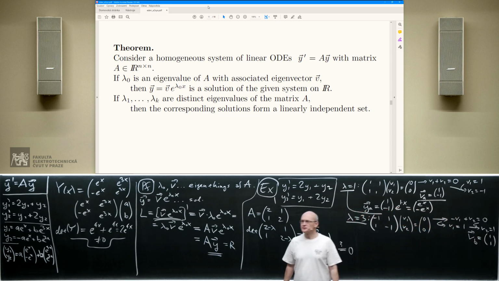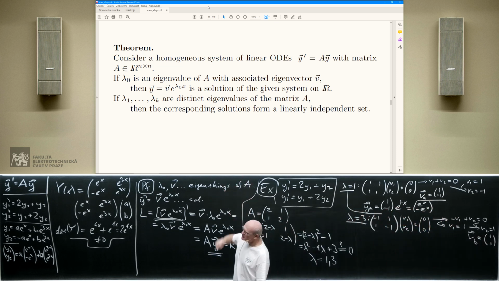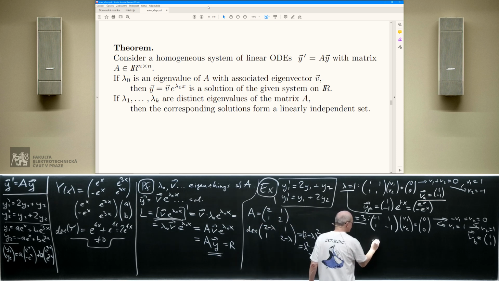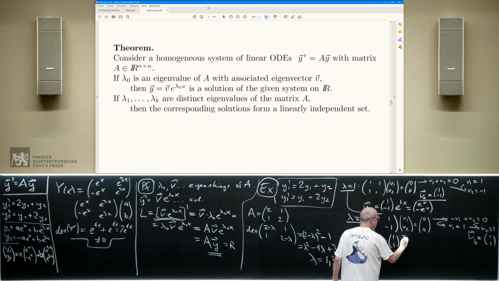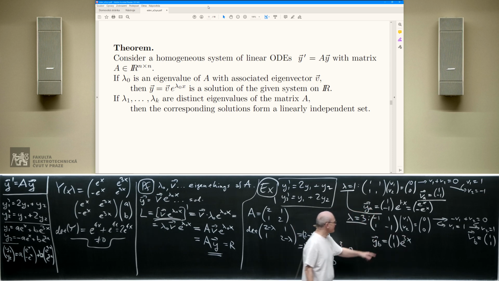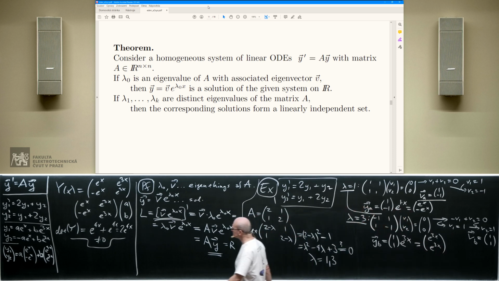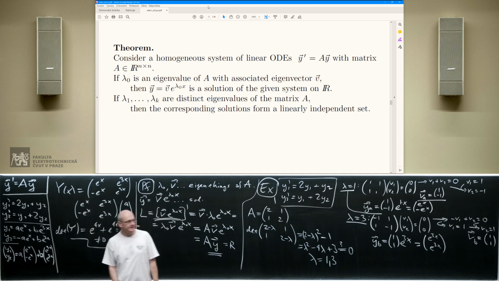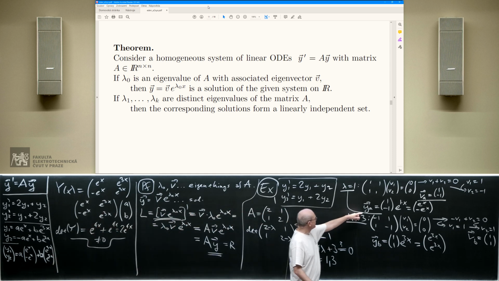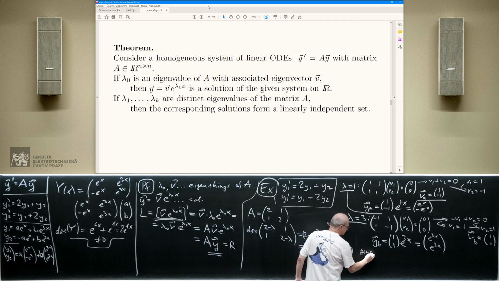And again, I go to my friendly theorem, and it says, okay, if you want a solution, let's call it YB, then this solution will be the eigenvector times the exponential. Now lambda is 3, which is giving me the solution e to 3x, which is exactly where I was before. Yep, here we go. And then, once we have one solution, second solution, according to the theorem, my lambdas are distinct, so these are linearly independent, and we can write a general solution.